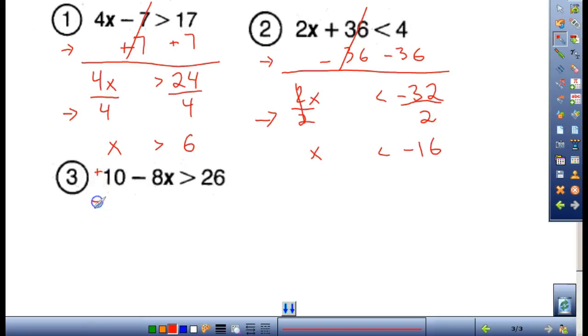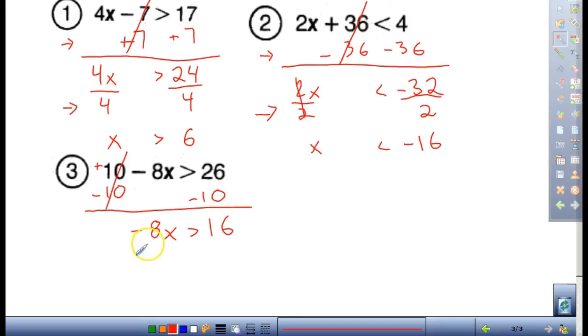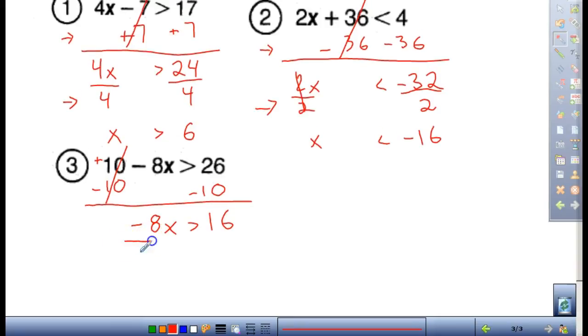This is a positive 10, so we have to subtract 10 both sides first. Maybe work away from the variable first. Now we have negative 8x is greater than 16. And we can divide both sides by negative 8, same sign.